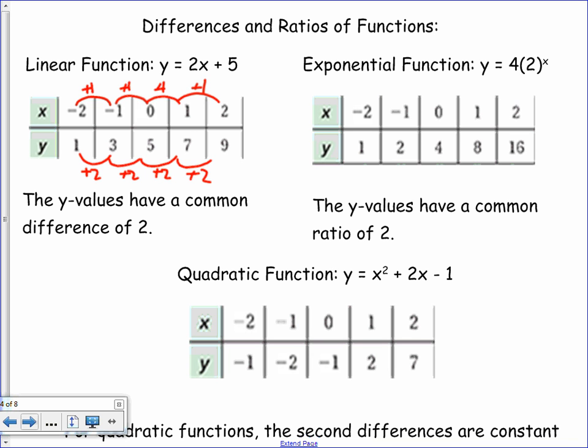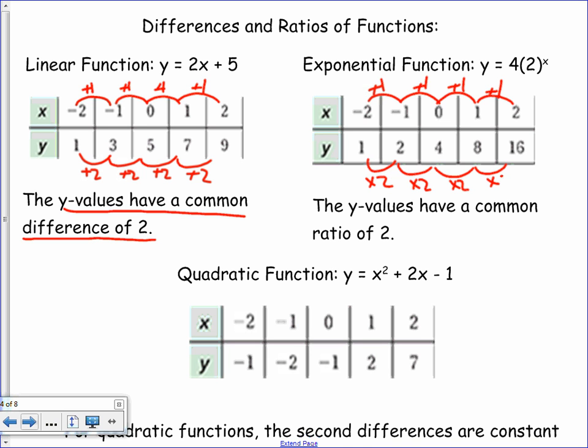So the y values have a common difference of 2. And then the exponential function, y equals 4 times 2 to the x, we're adding 1 for the x's again. So as x increases 1, what happens to the y's? They're being multiplied by 2. So they have a common ratio of 2 being multiplied.